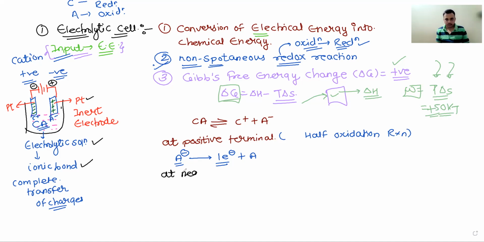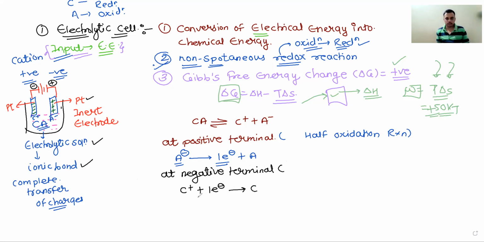At the negative terminal, what is happening over here? Negative terminal is this side. So C plus will be there, which is going to accept the electrons, accept an electron and convert to C itself.